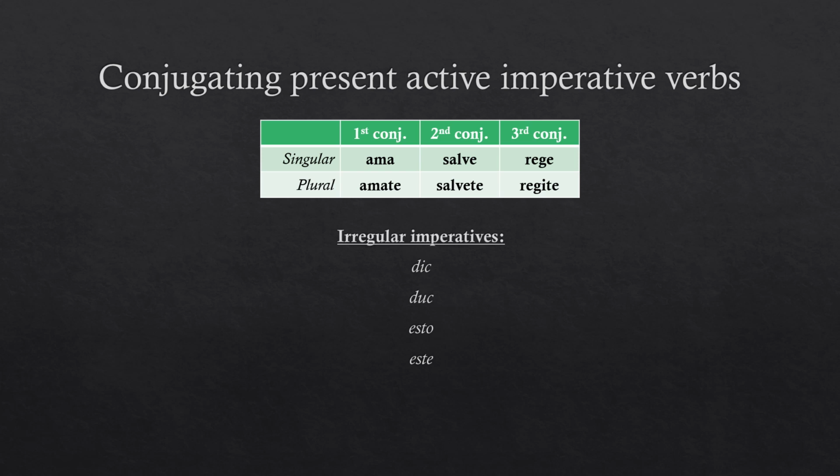So, amate, salvete, regite. There are also some irregular imperatives, which include the singular imperative of dico, dic, the singular imperative of duco, duc, and both the singular and plural imperatives of the verb sum, esto, singular be, este, plural be.